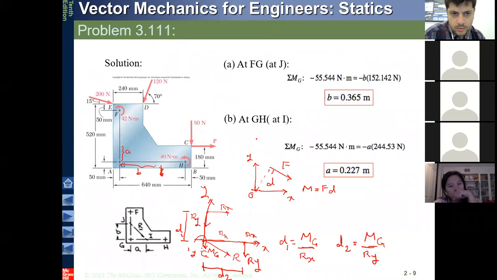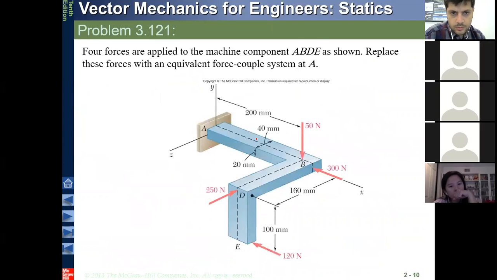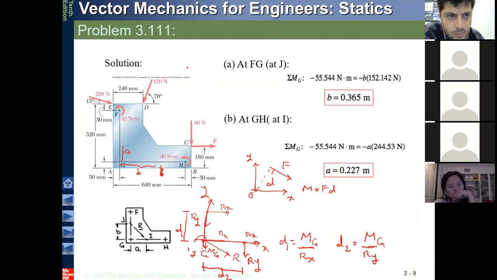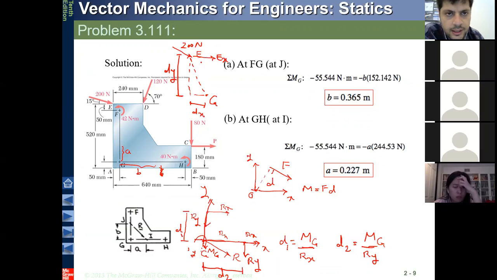Okay. 200 Newton, point E, and you have point G. And this is on the diagonal, right? So you have dx and you have dy. Then this 200 Newton force has components, let's call them Ex and Ey, right?